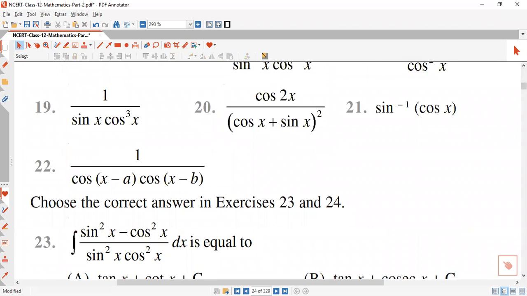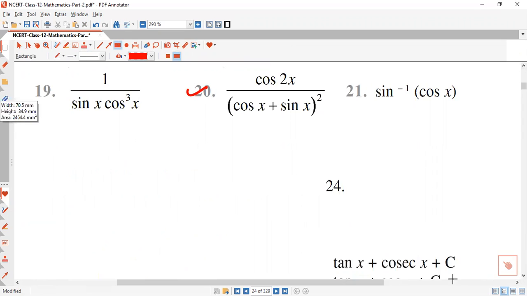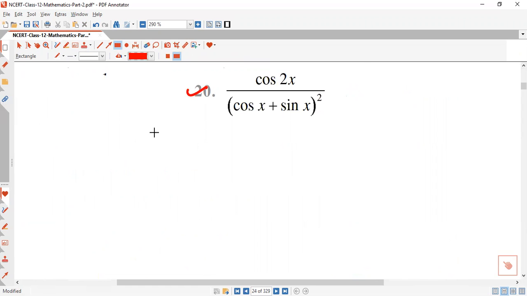Question number 20 says the integral of cos 2x divided by (cos x plus sin x) whole square. In this question, you want to do the integration. Here in the denominator, we have cos x plus sin x. We know that cos 2x can be factorized in this way.